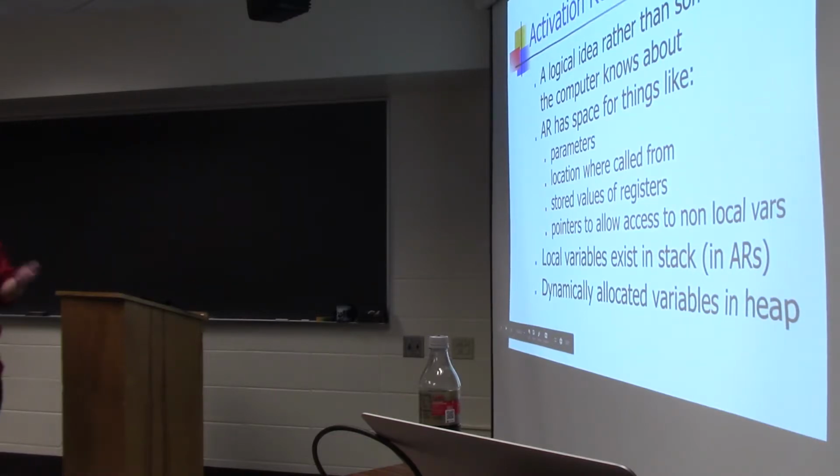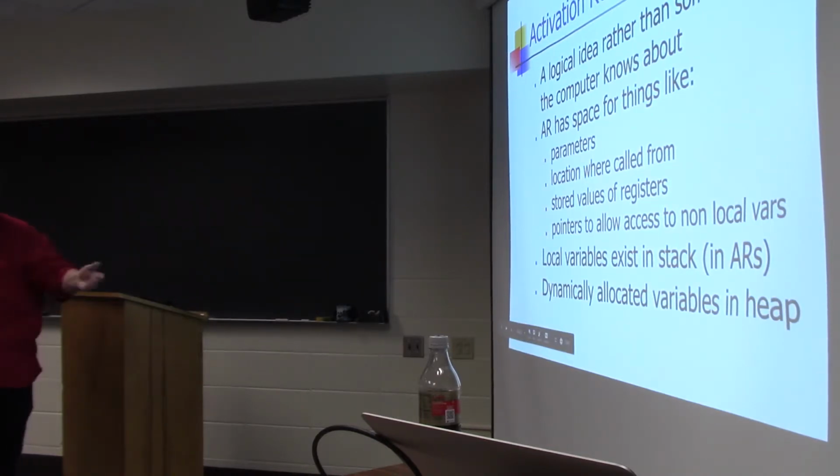We often store the values of registers. Registers are used to calculate temporary things, so oftentimes a function will be in the middle of calculating something. You don't want to throw off all of its temporary things, so you grab all of the register values and store them on the stack. It's safe. And then you have pointers to allow access to non-local variables.